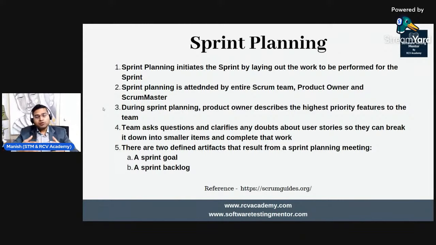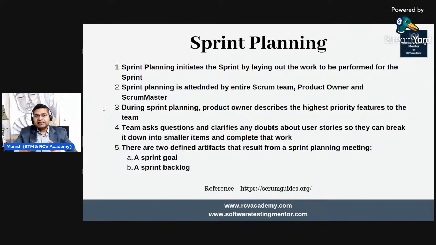Because the product owner will prioritize the items in the product backlog, the planning meeting happens within the team based on that priority. Everyone comes together in a meeting room, either virtually or in person. They discuss what work items need to be built, and the product owner gives inputs and clarifies doubts if more details are required, because the product owner is the face of the customer or the stakeholders for whom the software is being built. So they have clarity on what needs to be built and how it should look.